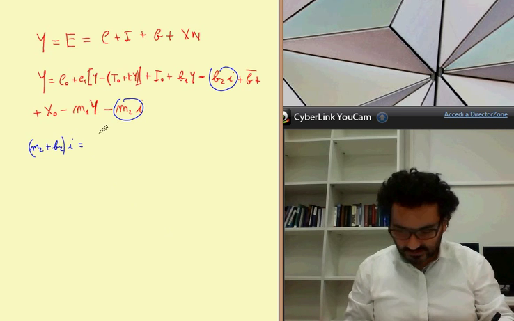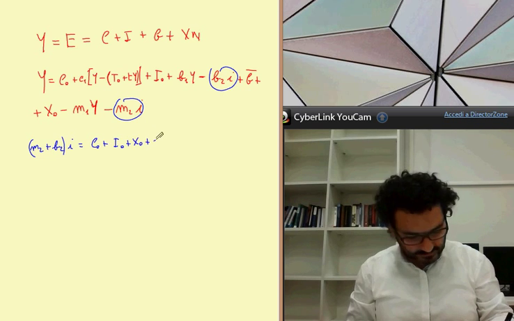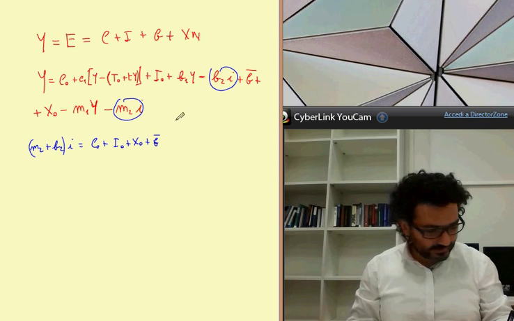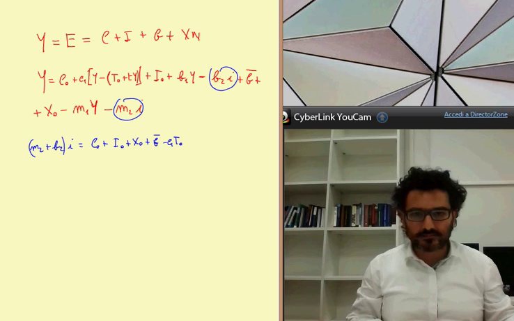we put first the exogenous variables. So we have C0 plus I0 plus X0 plus the government expenditure fixed at G bar, minus the propensity to consume, which multiplies with some tax.